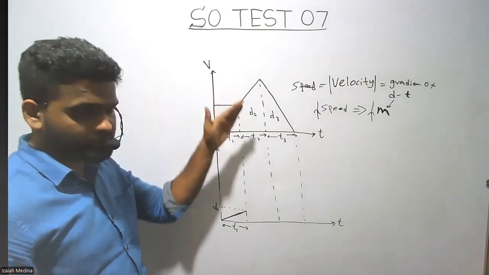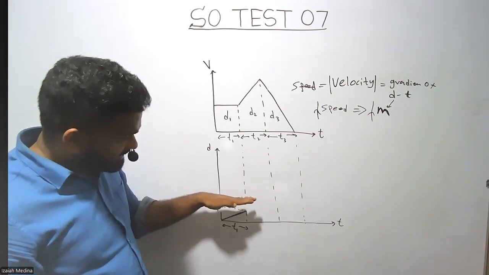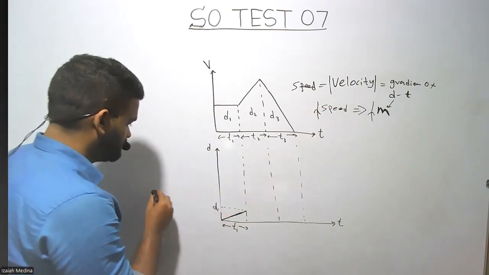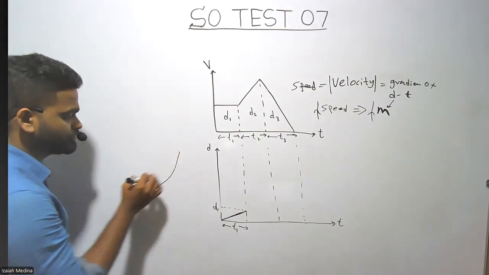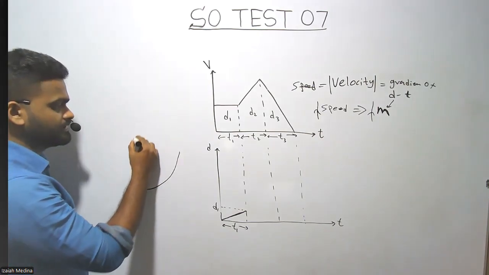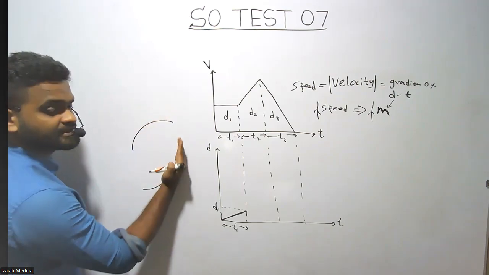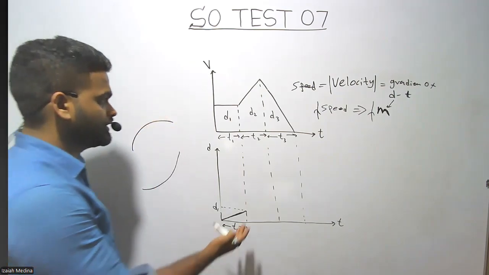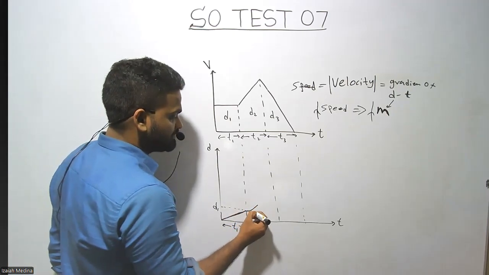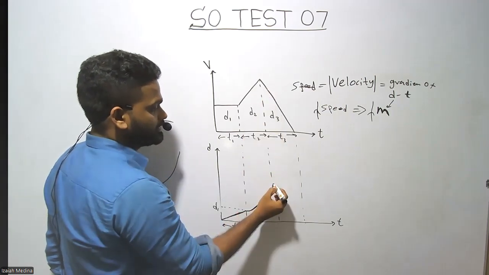This is a positive gradient, right? Positive means like this, and it is increasing. Get it? Slope is increasing, right? Not like this, this is decreasing. So the shape should be like this. Increasing slope, increasing gradient. So it should be increasing like this, up to here. Then what happens?